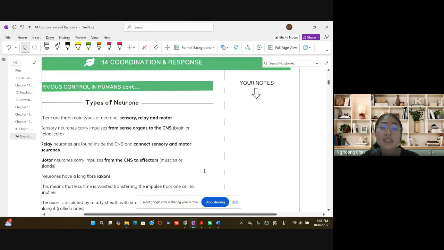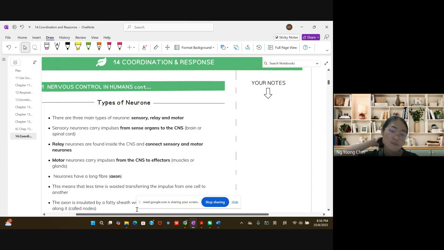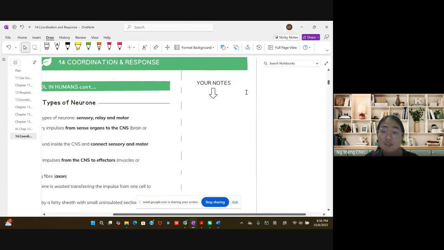This is called coordination and response. We are talking about two systems. One is called nervous control, because this one is the nervous system.